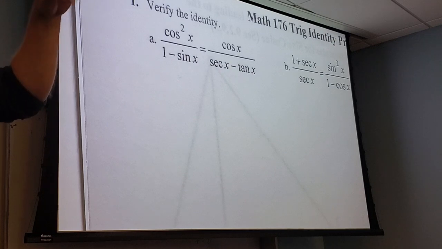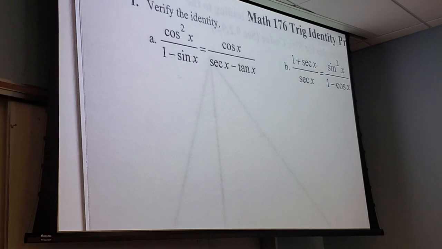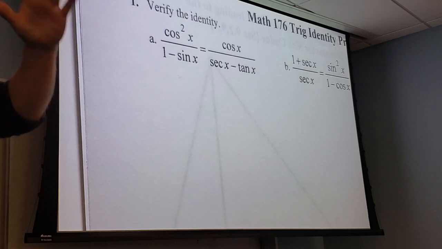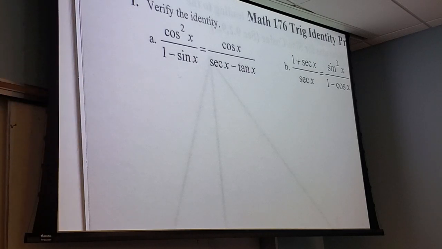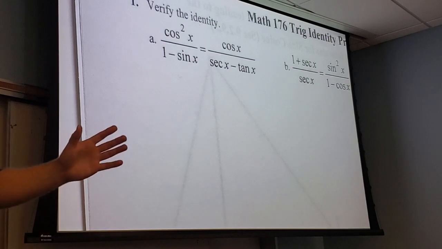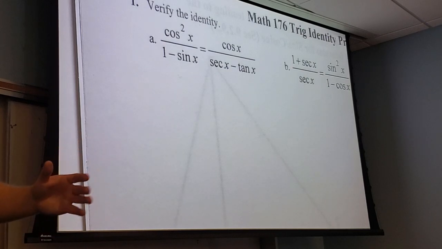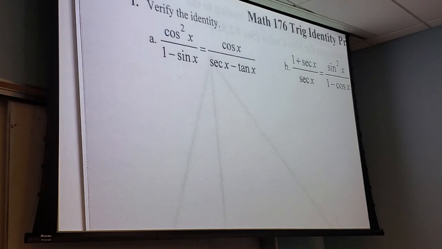Because what do I need to show? I need to show that one side becomes the other side. That would show that they are equal. Is that cool? Maybe? Okay, all right. It's not cool. Does anyone have a preference which side to start working on?